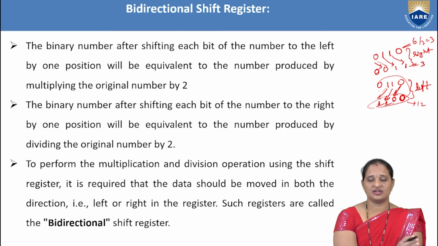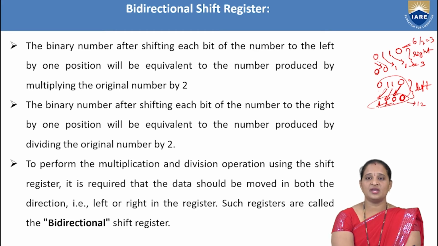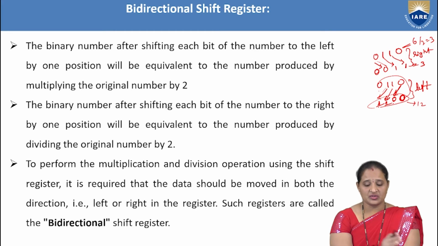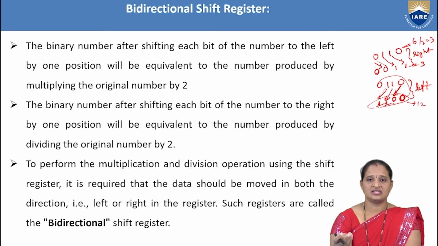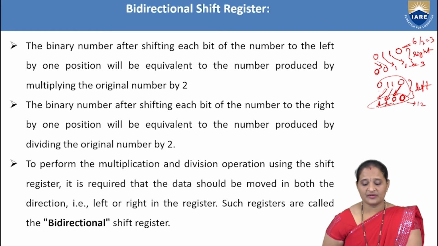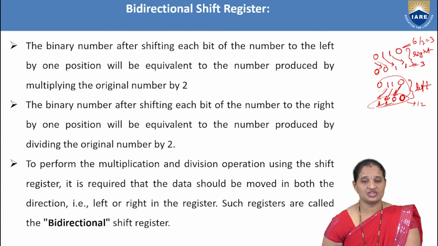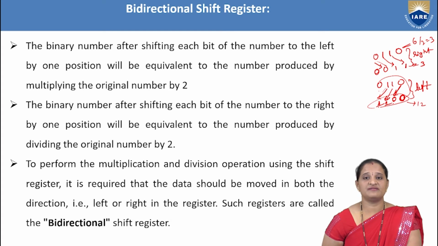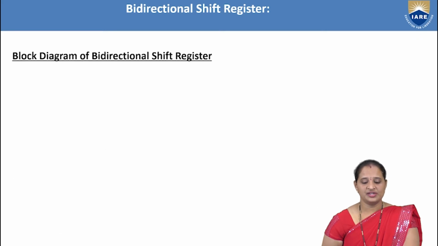If you are shifting to the right, then we can perform the division operation. So in such cases, we need to be able to shift the data in both directions, from left to right and right to left. And for that we need a register which can shift the data in both the directions, and such a register is called a bidirectional shift register.